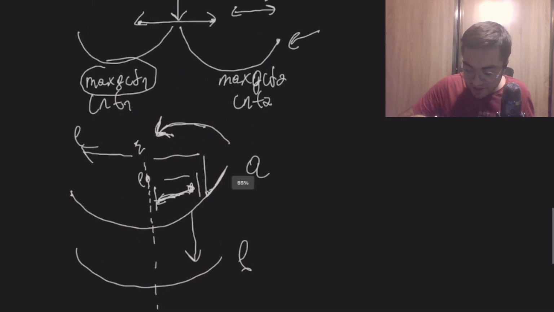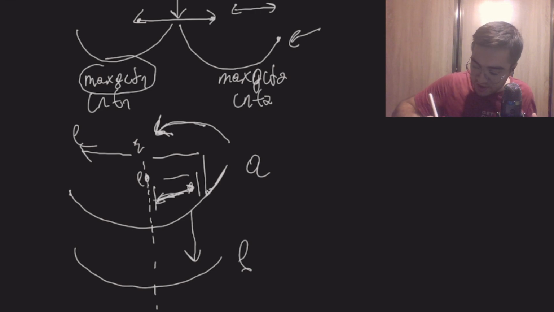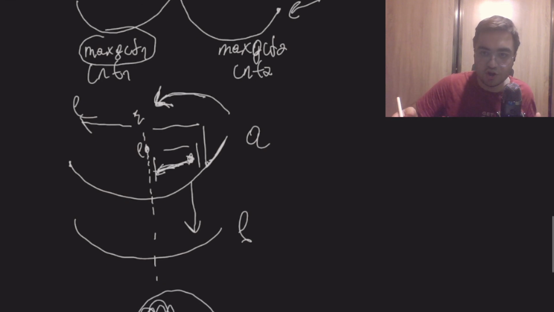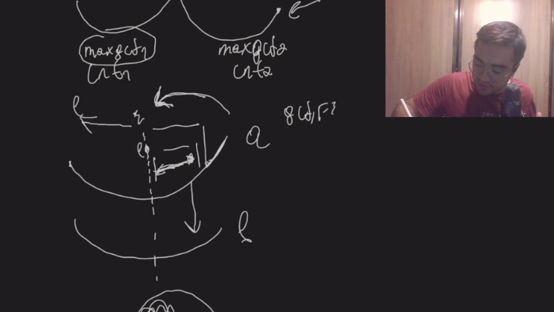But what we can do here is keep the GCDs, because we know that there are only going to be log distinct GCDs. So we can keep the GCD and some freq.